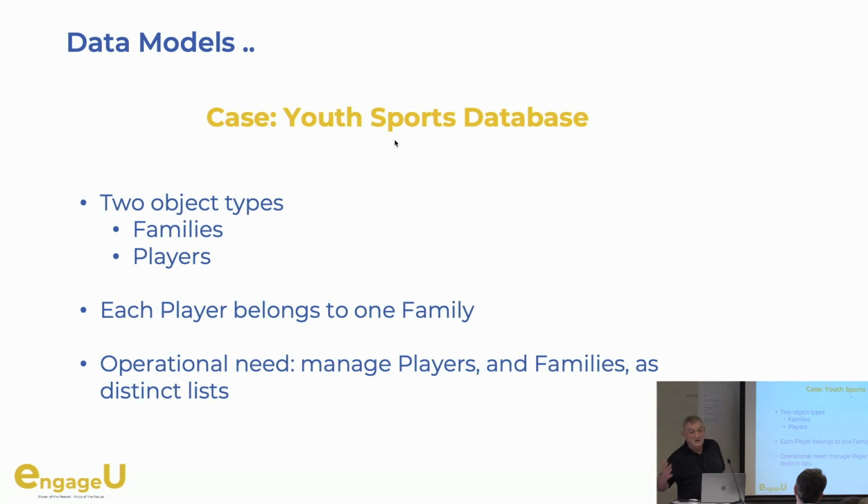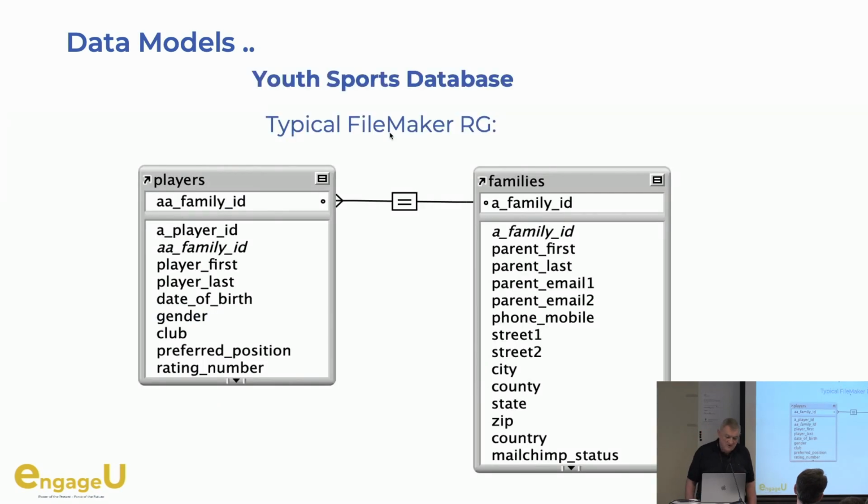Now with Draco or with SQL, it's easy. You've got two tables, you use one or the other, and you can look up the contact information if you need it. That's obviously the typical relationship graph in FileMaker you'd see for that.